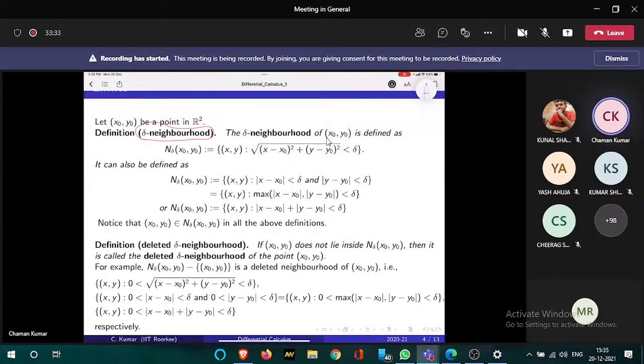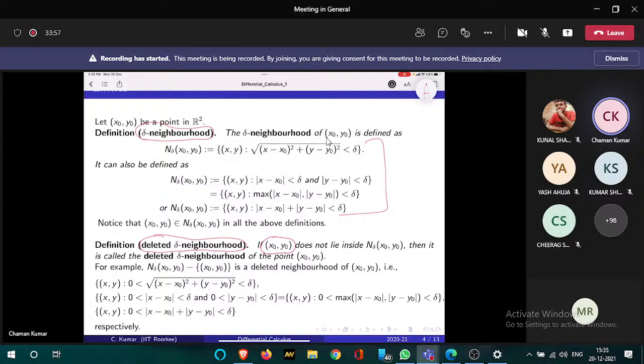Now there is another concept which is known as the deleted delta neighborhood of the point x naught y naught. In a deleted delta neighborhood, you have all the same definition except that in the neighborhood you do not include the point x naught y naught. X naught y naught should not be an element of the neighborhood.